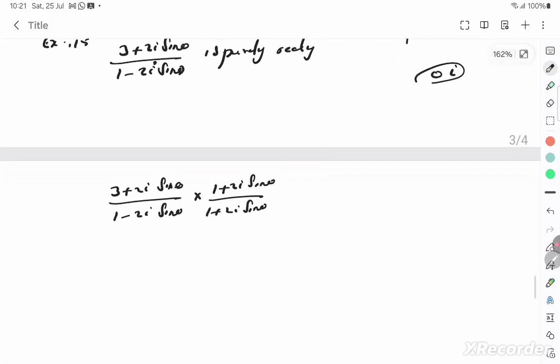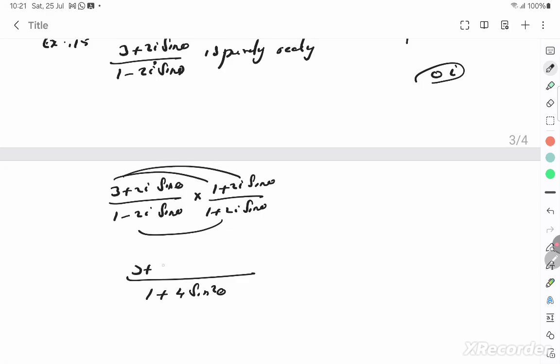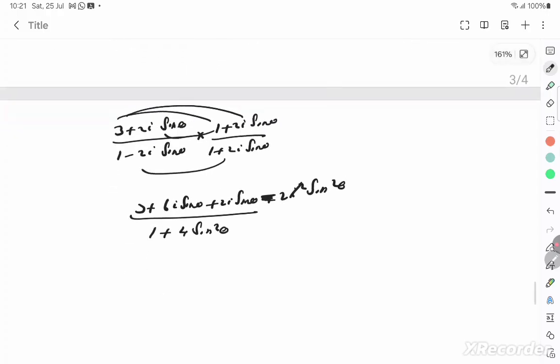The denominator is a square plus b square, because it is a plus ib into a minus ib, which gives a square plus b square. And just multiplying the numerator, it is 3 plus 6i sine theta plus 2i sine theta plus 2i square sine square theta, and you know i square is minus 1, and so therefore these two are solvable.